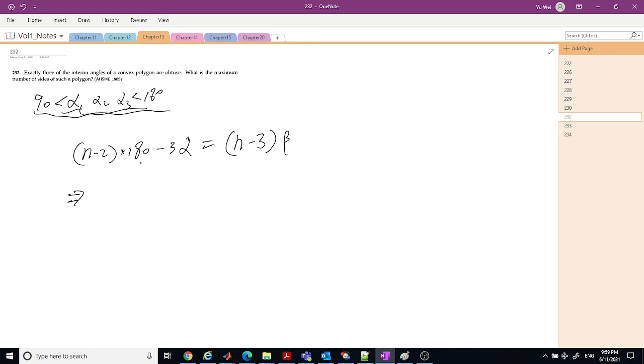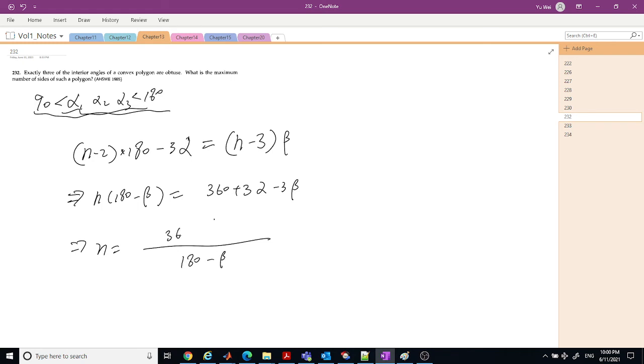So n times (180 minus beta) is equal to 360 plus 3 alpha minus 3 beta.